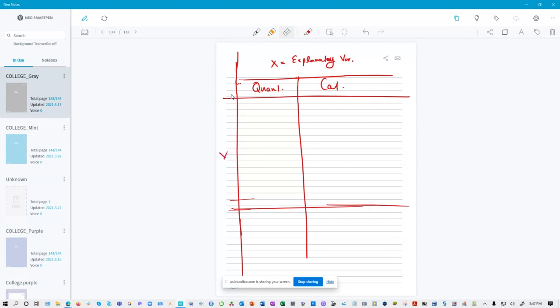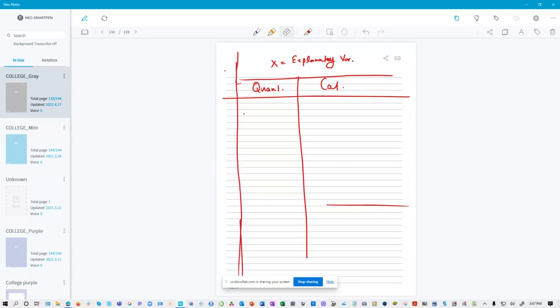The whole thing, this is Y equals outcome variable. This one is quantitative. Okay, I need another line. This one stays as it is.